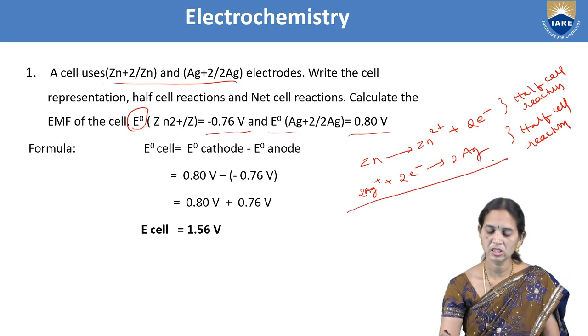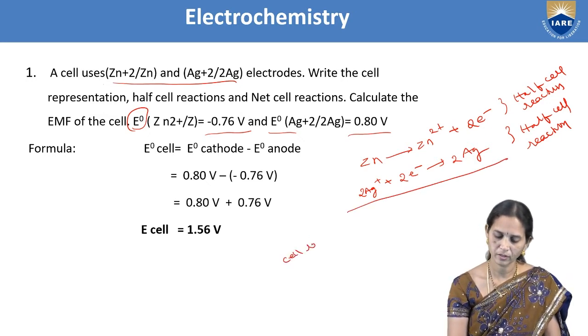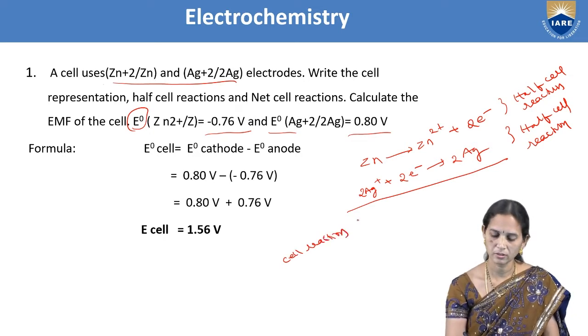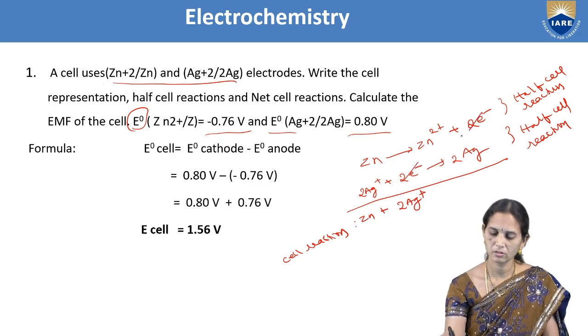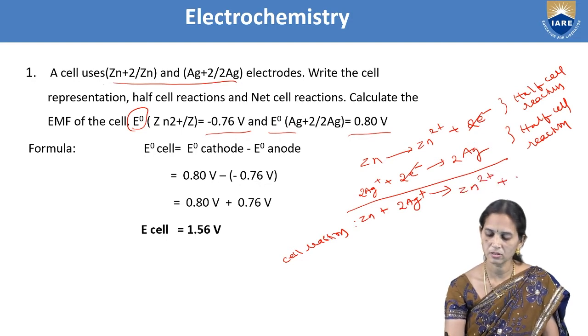Now we will write the total cell reaction. Here we can write: Zn plus 2Ag plus gives Zn2 plus plus 2Ag.